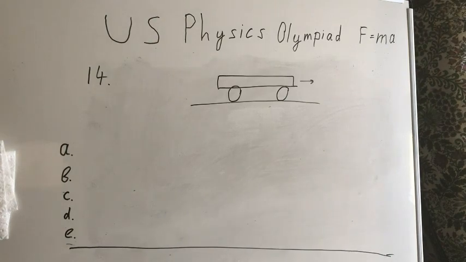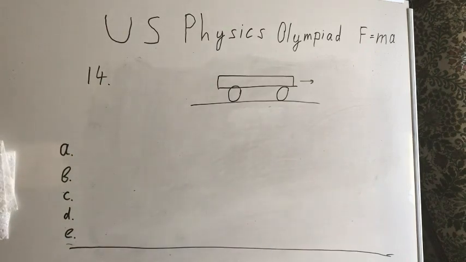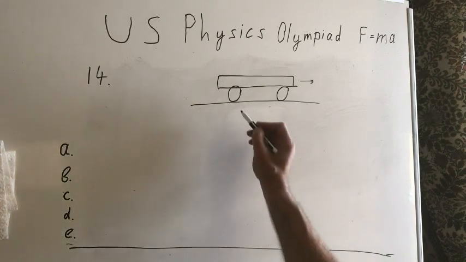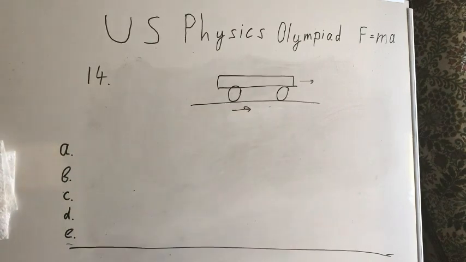So it means that we have acceleration to the right, and for a rear drive car it means that the rear wheel is supposed to create force to move this car forward with the acceleration. So it means that the force of friction from this is going to the right.